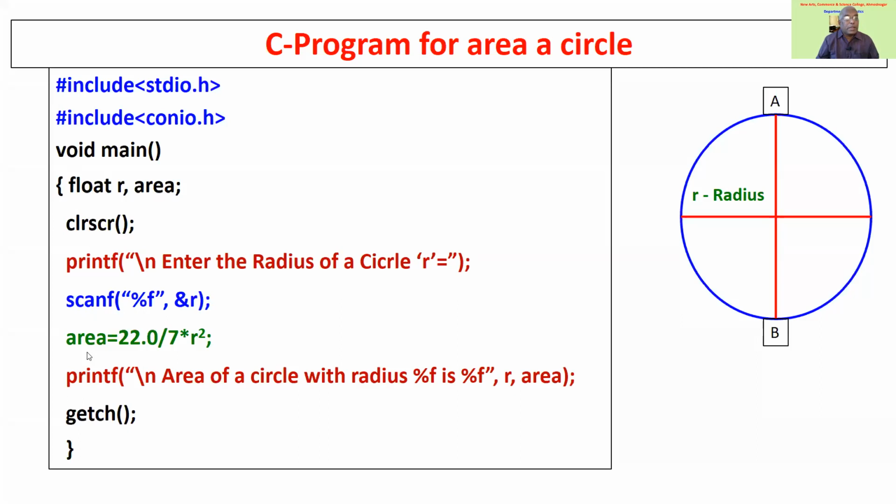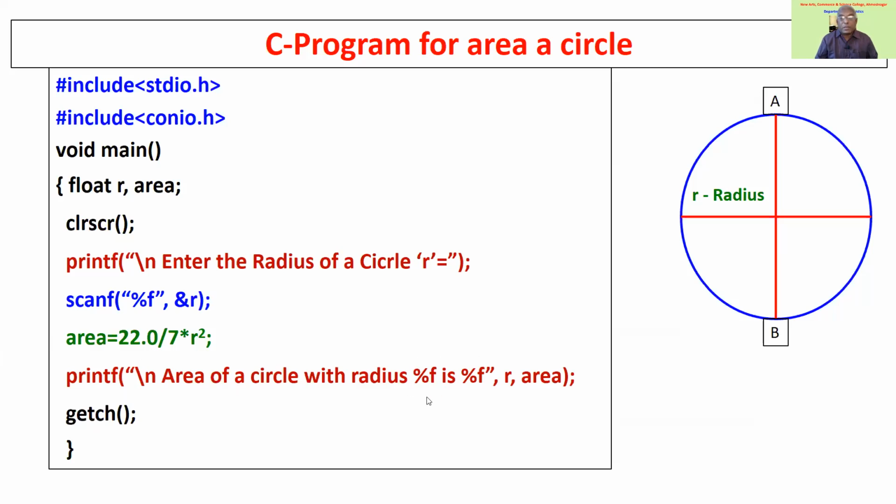Now this is the calculation. Area is equal to 22.0 divided by 7 star r square. Now here particularly I have written 22.0, not 22 by 7. Why? In coming slides you will get one slide where you will understand this. Okay. printf, new line, area of a circle with radius %f is %f.